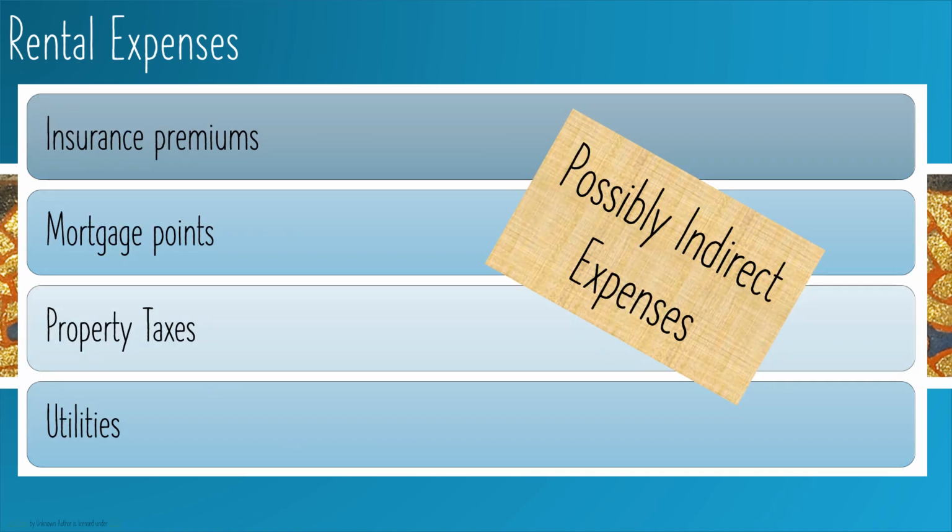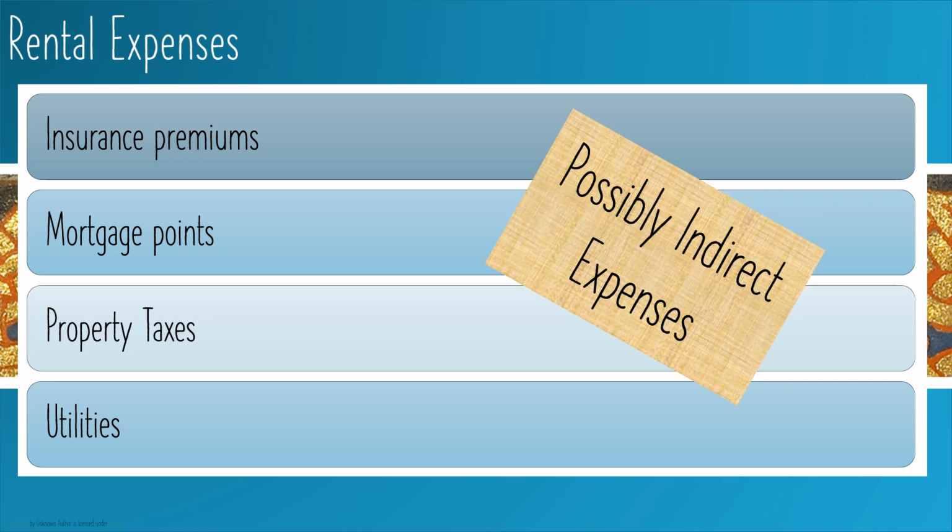And here are the expenses that could possibly be considered indirect expenses if the taxpayer is living in this home, a portion of this home, or they lived in the home for a portion of the year and rented it for a portion of the year.